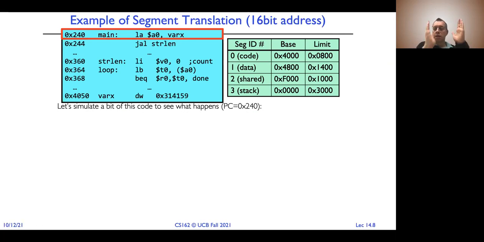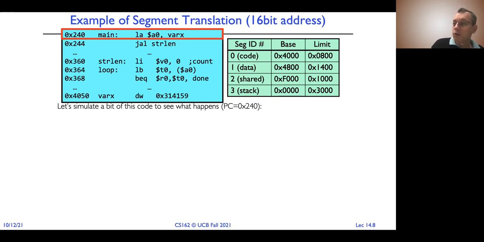Now, this code runs in the user process. The user process sees virtual addresses, so all the addresses you see here are virtual addresses. But the code and the data are actually stored in the physical memory.